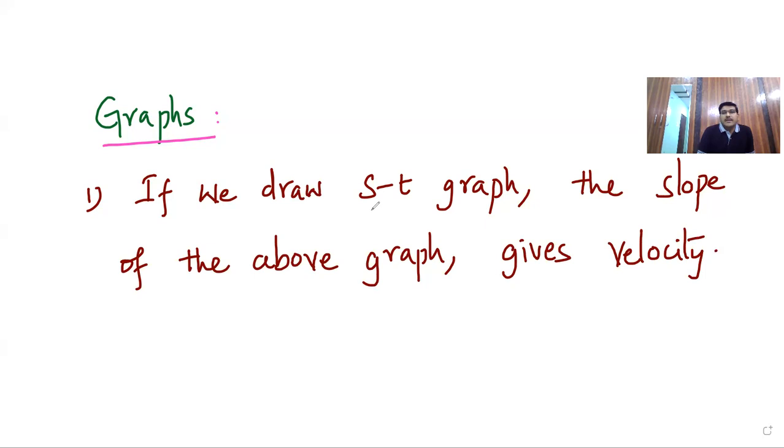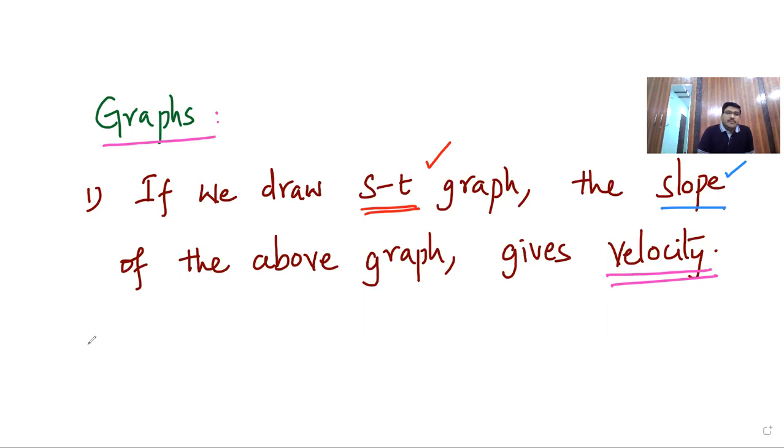For clarity, we have drawn the ST graph, displacement versus time graph. If we draw that graph, the slope of the displacement versus time graph gives us velocity.